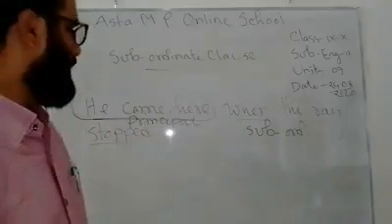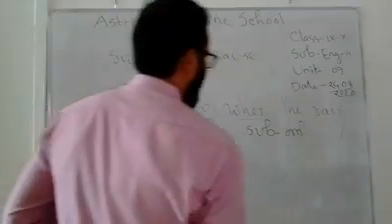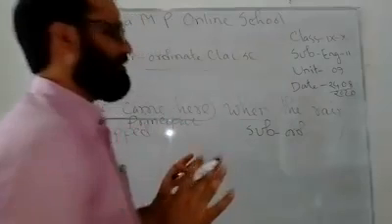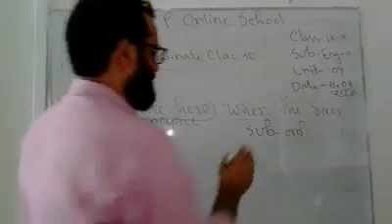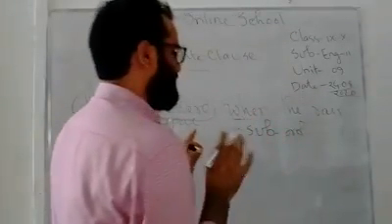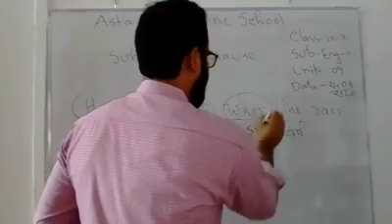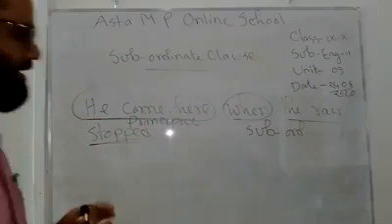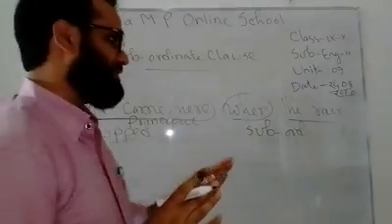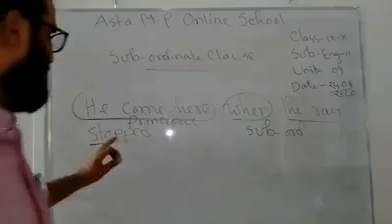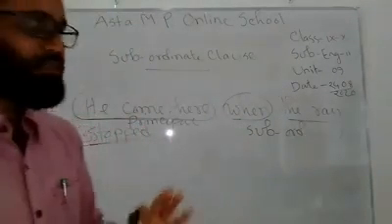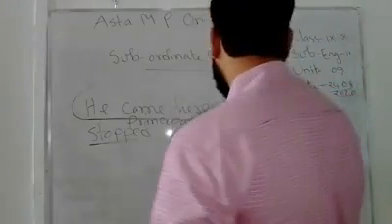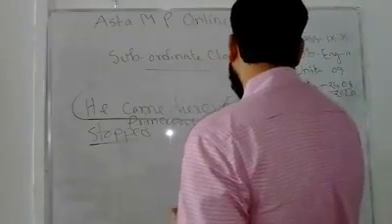Notice this clause is principal clause and when the rain stopped is the subordinate clause. In the subordinate clause we see the word when, then the subject, the rain, and then finite verb. And clause is a group of words where there is a subject and a finite verb. So subject and finite verb are making a clause, and this clause starts with the word when.